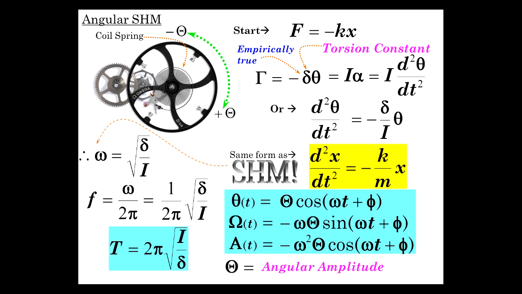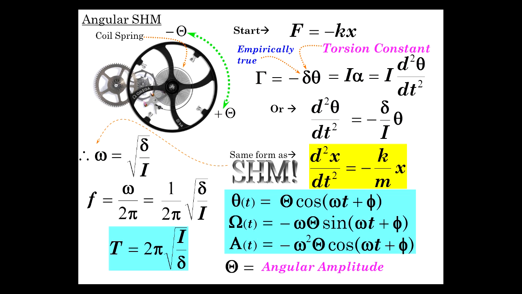And so the maximum value of that acceleration is this quantity. Before, with regular translational or linear SHM, this was the maximum acceleration toward the equilibrium position. Well, now it just is the value omega squared, instead of the amplitude, regular A, it's just angular amplitude.